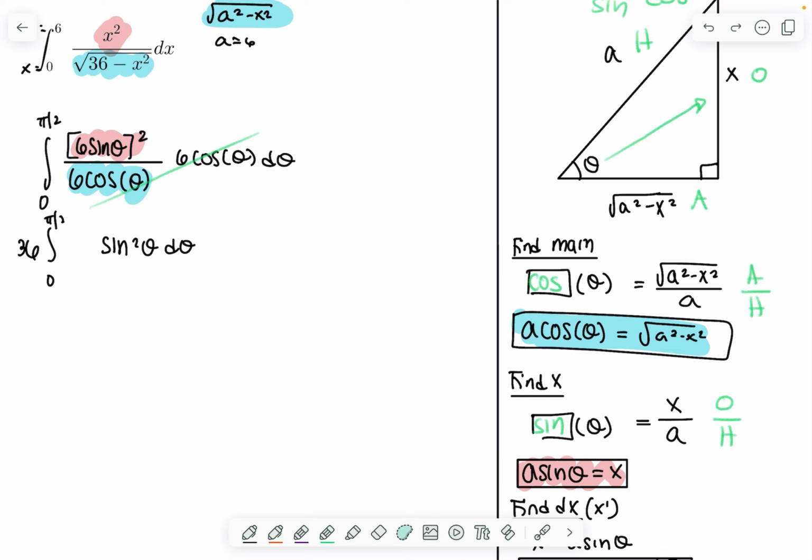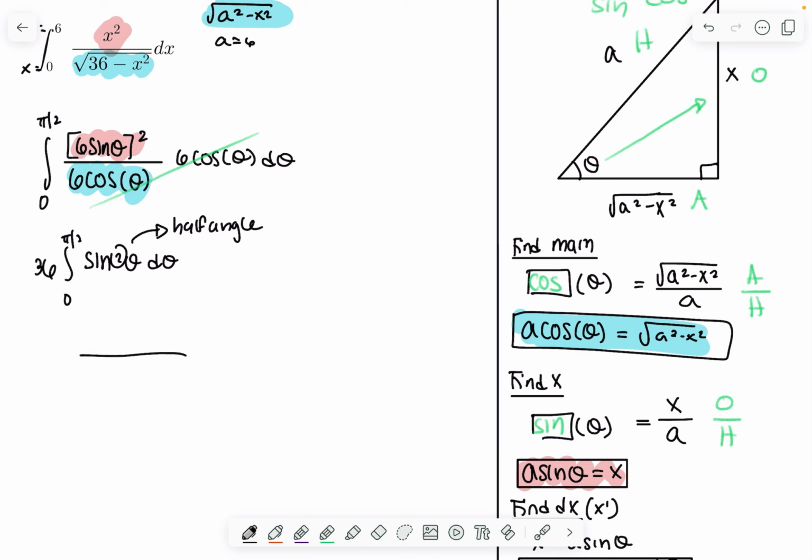And we know a little nice trig identity or formula called the half angle formula, because I see that this power is even. We're going to do the half angle formula, which states that sine squared of theta is equivalent to 1 minus cosine of 2 theta over 2. Then I can take out this 1/2, and then I can easily integrate, so this just becomes theta.